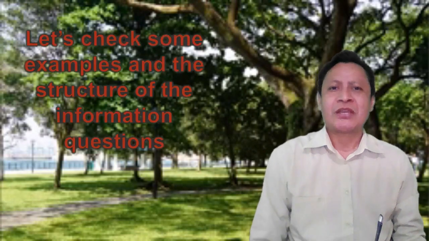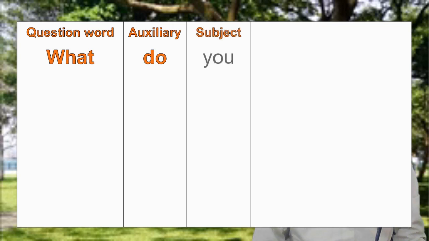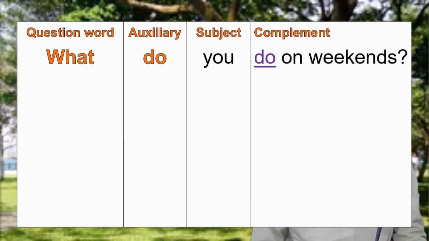When we make information questions, we are going to use first the question word. In this case, what. Second, the auxiliary verb. In this case, we are going to use do because the subject is you. And then, after this, we use the verb in simple form and the complement of the sentence.